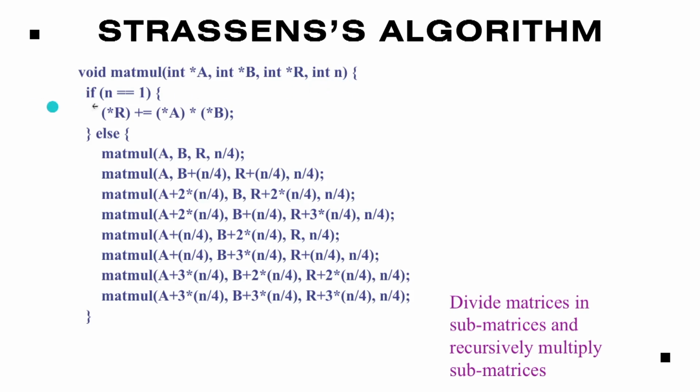When n is 1, that is our base case, we are just going to multiply straightforwardly the element in A and B, and that is going to be the resultant. Otherwise, we may have to do these 7 steps of multiplication and 4 steps of scalar operations to get the result for this matrix multiplication using this Strassen's approach.